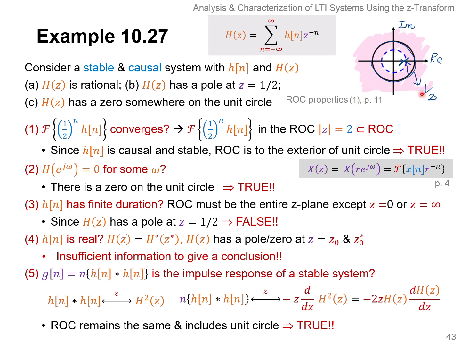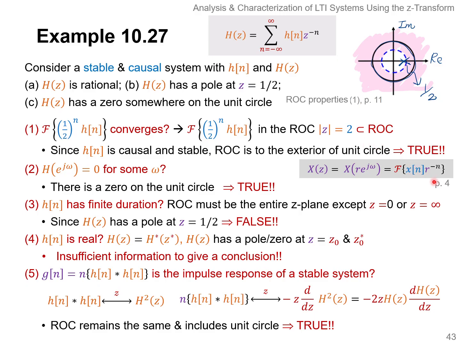Now we check each statement one by one. First question, we look at the Fourier transform of the impulse response multiplied by 1/2 to the power n. The Fourier transform of this is the same as evaluating h of z on the circle where r equals 2.